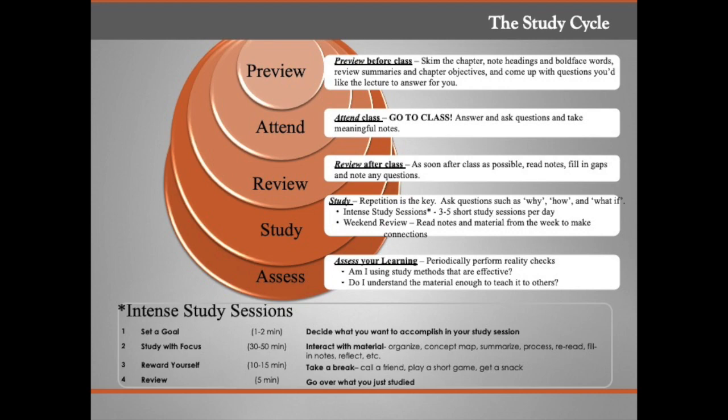At the bottom of this slide, you'll notice that there are some intense study sessions and some guidelines for that. I think that's great, but that amount of time doesn't always work for everybody. I think our brains, especially when we're working on difficult topics, can fatigue sooner than the 50 minutes that they say to study hard.